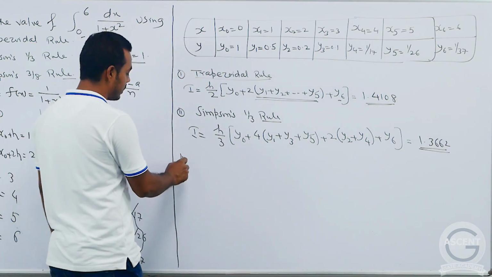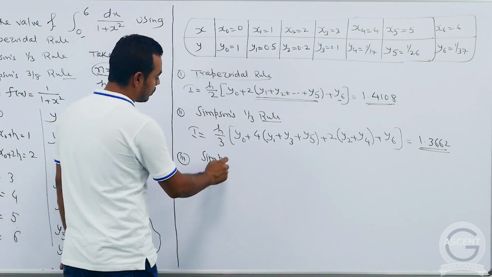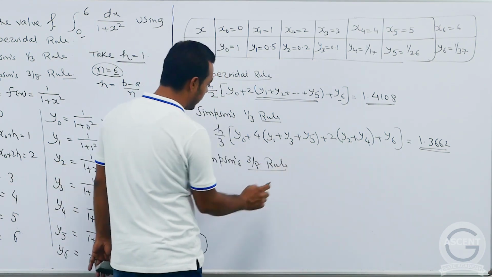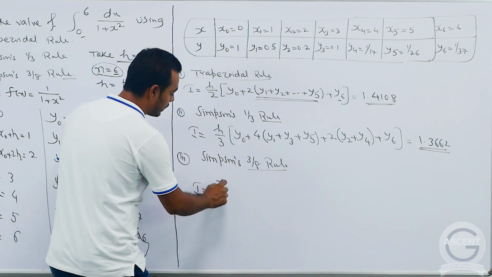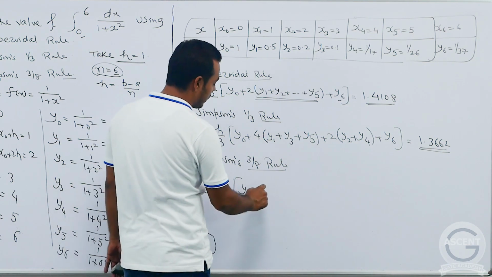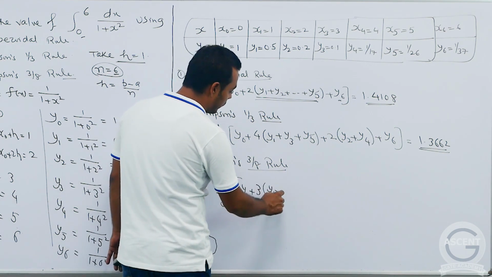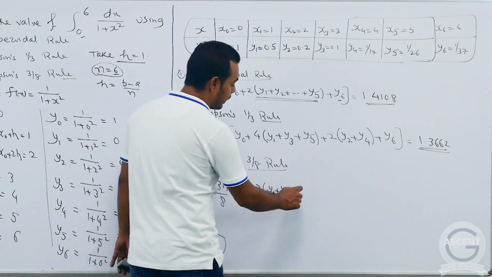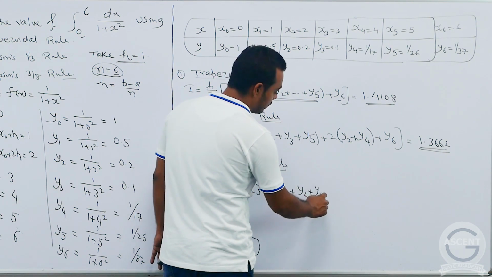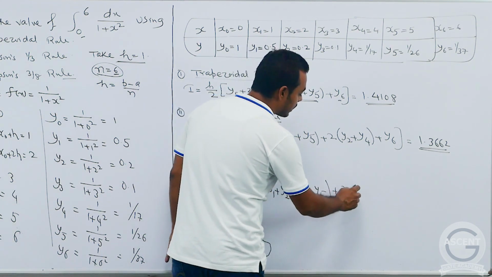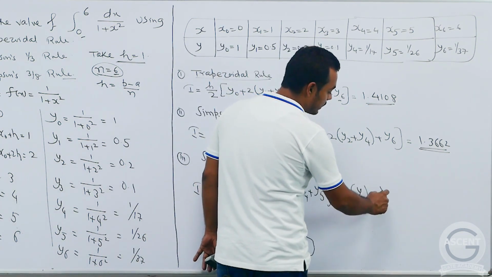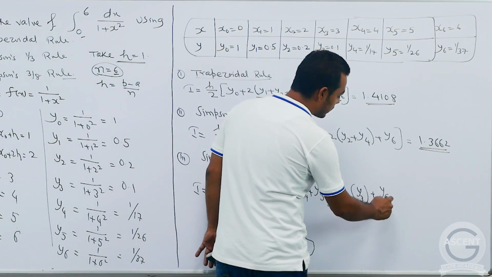And finally Simpson's 3/8 rule. So in Simpson's 3/8 rule, the formula will be 3h by 8. So this integral will be 3h by 8 y0 plus 3 times y1 plus y2, then y4 plus y5, plus 2 times terms which are multiples of 3. So this means y3, and y6 is also the last term, so y3 plus y6.